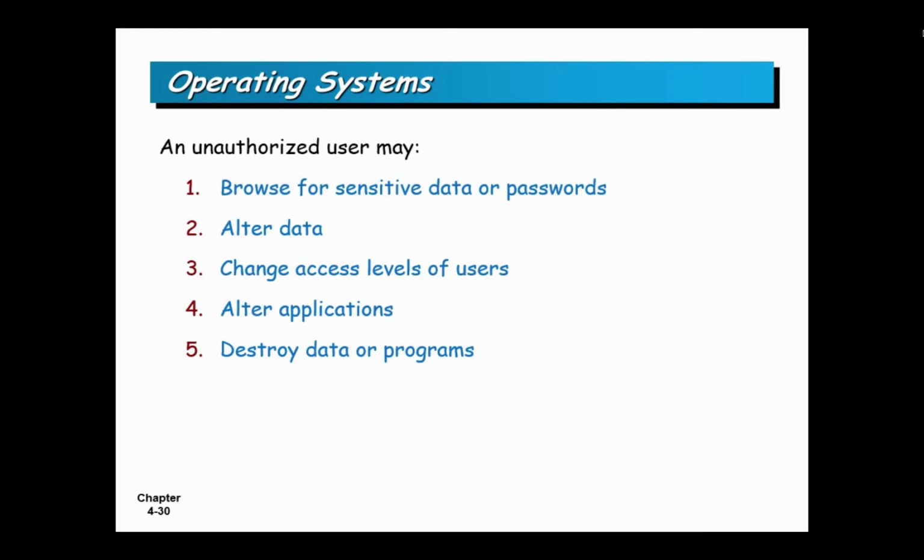They could change your access level so you can no longer get into your own computer. Change applications anywhere they want or destroy data, whatever their goals are. So your operating system needs to be most secure, which is why when any operating system comes out with a new release, it's a good idea to use it. Quite often they're putting in new changes to protect against recently found problems.